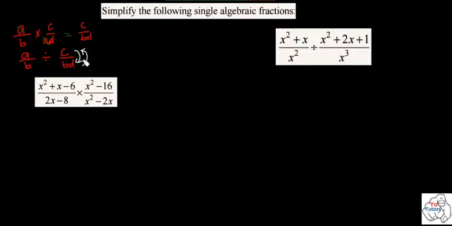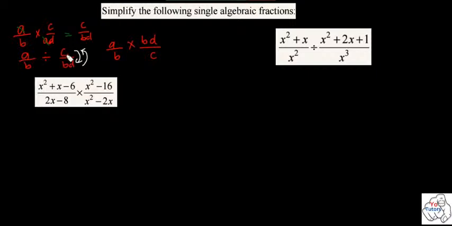We change the sign to multiplication, then you multiply with the reciprocal of this, meaning you exchange the numerator and the denominator, then you change the sign. So we're going to have A over B times BD over C. Whenever you change the sign, you must flip the two, then you won't have a problem.